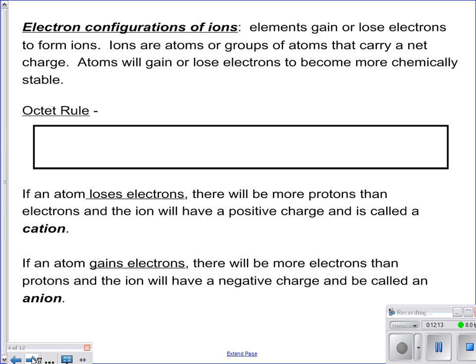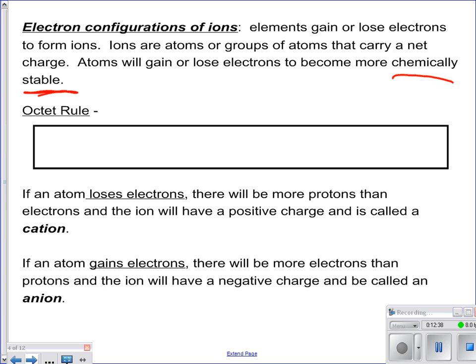So now what we want to do is work with some electron configurations for ions. And remember, we've learned about ions from last unit. We just said that they're going to be charged atoms. So if an element gains or loses electrons, then it no longer has a neutral charge, it has a charge to it. So ions, when they do this, are going to gain or lose electrons so that they become more chemically stable.